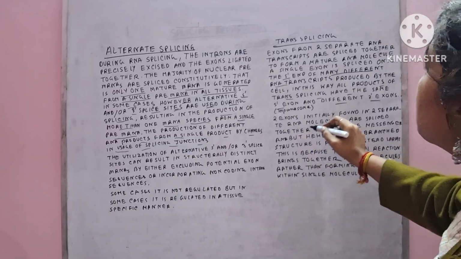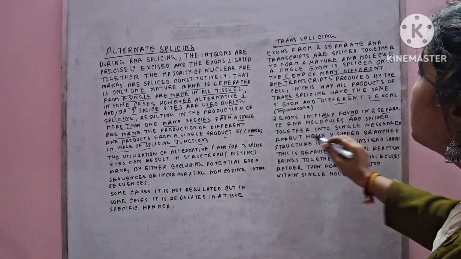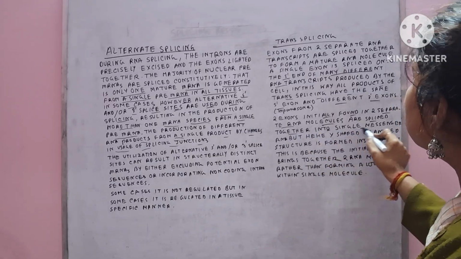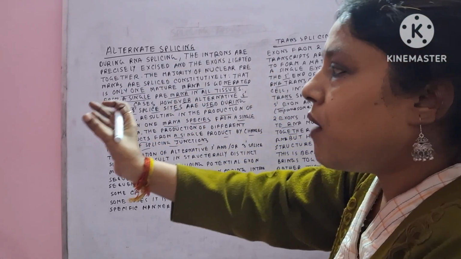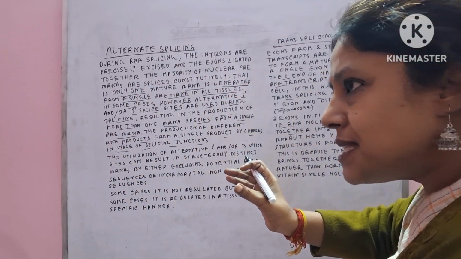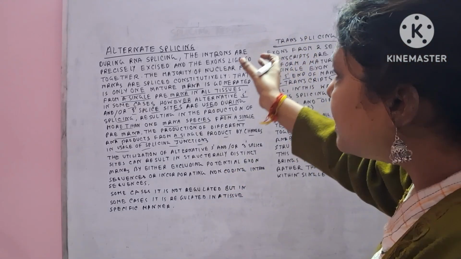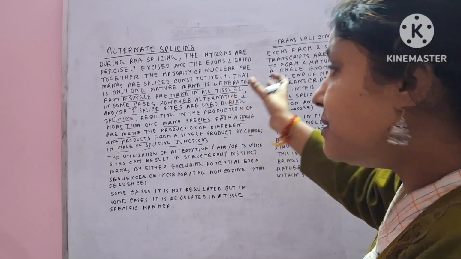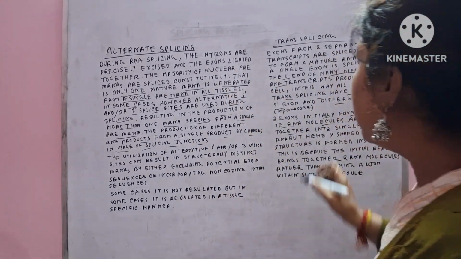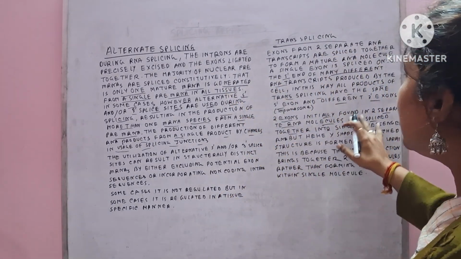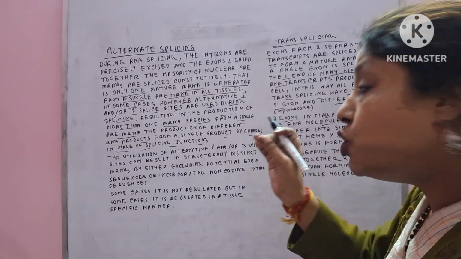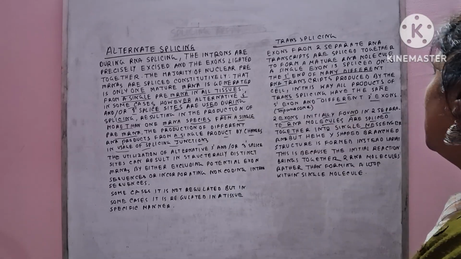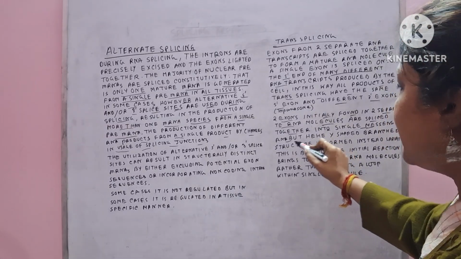And the two exons initially found in two separate RNA molecules are spliced together into a single messenger RNA. So from one RNA molecule, one exon is attached to the other exon coming from the other RNA molecule.